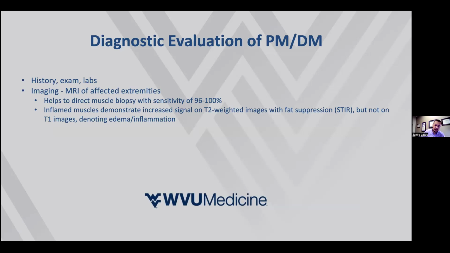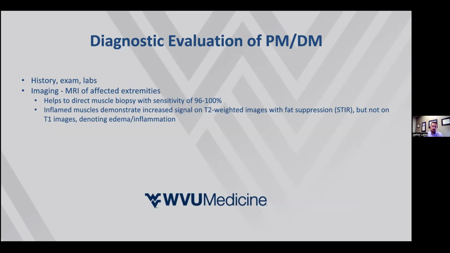So, the diagnostic evaluation for these conditions. Rheumatologists in general, especially with our new patients, tend to spend a good bit of time taking histories, or trying to, because we're really trying to tease out through all organ systems what clues we can find to put the pieces of the puzzle together. The big things we're looking for are signs of proximal weakness, maybe some systemic symptoms, and reviewing labs they may have had done leading up to that point.